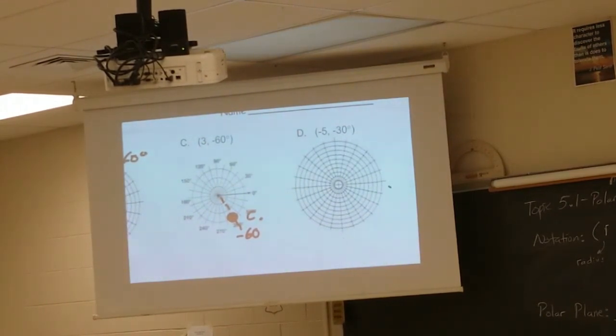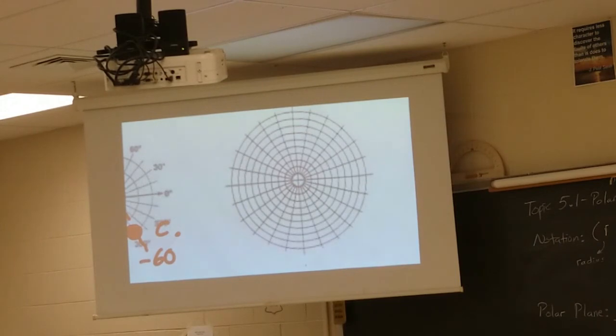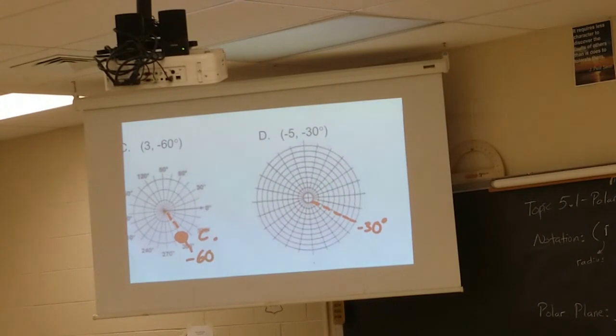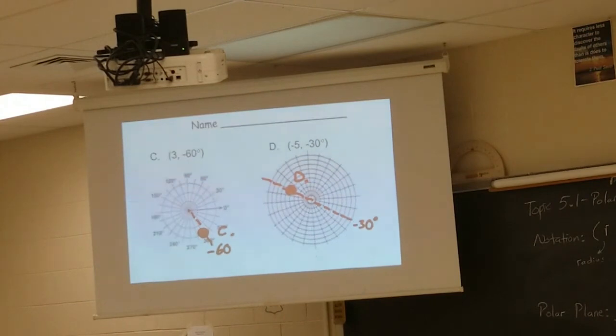And then point D is negative 30, but since it's an opposite of 5, I will actually have to go backwards 5 circles and end up ultimately right here at point D. But notice where negative 30 starts. Negative 30 is still down with a negative rotation.